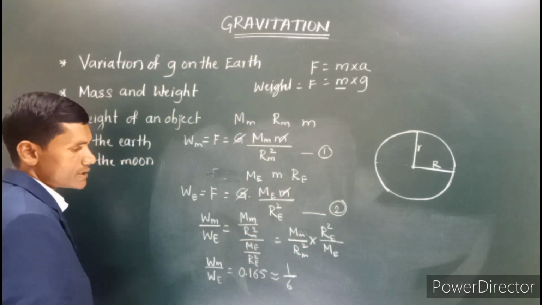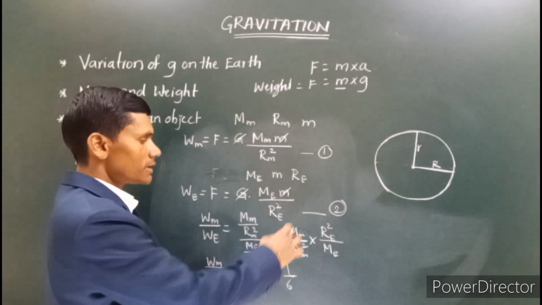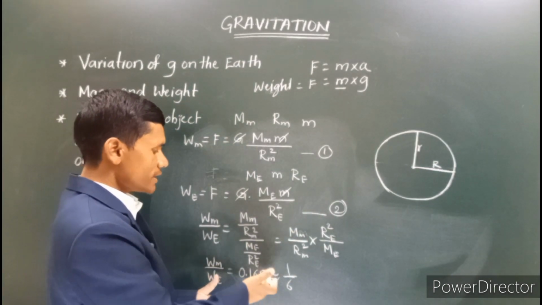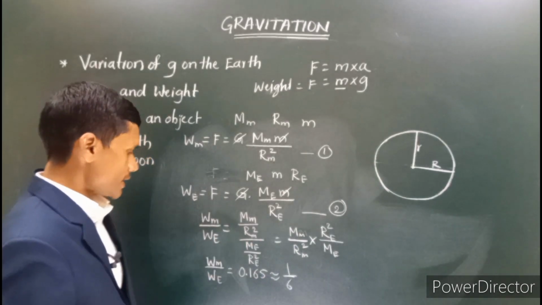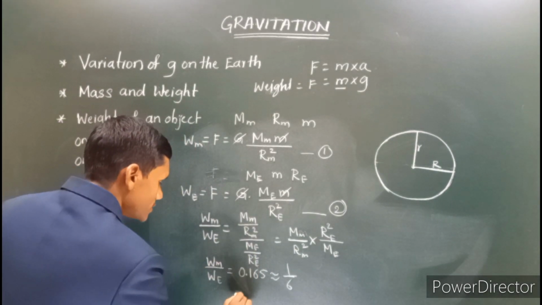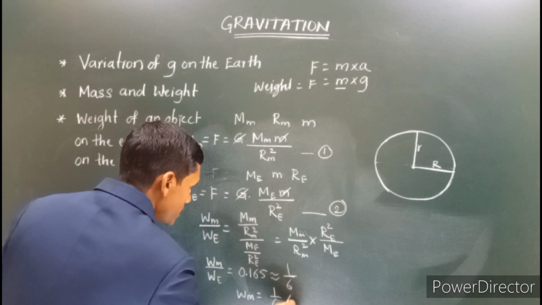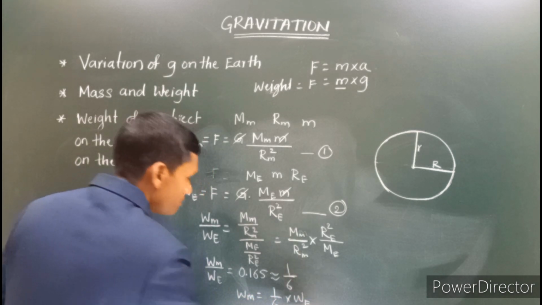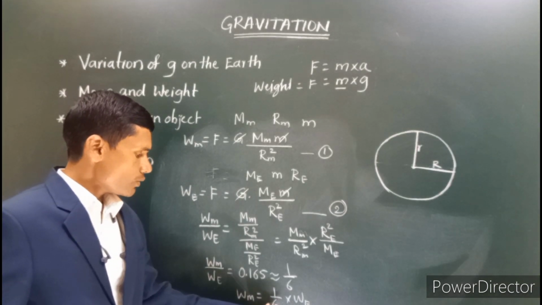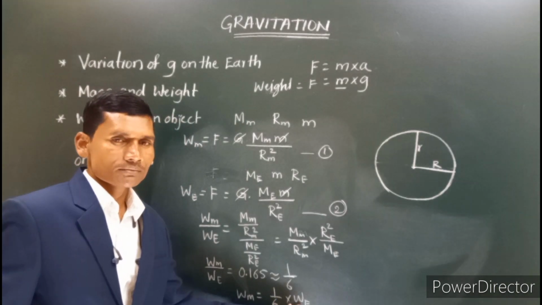It is just a simplification. If you substitute the values, they are already given in the table in the textbook. Just substituting and finding the value, you will get 0.165, which is approximately equal to 1/6. Now we can say that Wm is equal to 1/6 into We. Means the weight of an object on the moon will be equal to 1/6 of its weight on the earth.